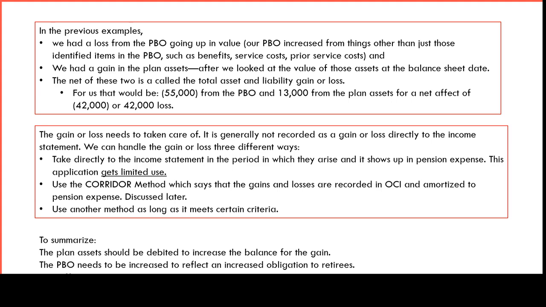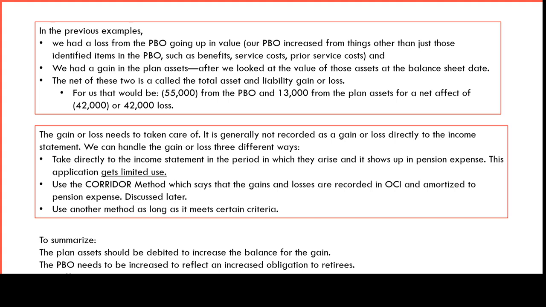Yes, it would be wonderful to have an additional boost to your income statement because the stock market is doing well and your plan asset value just went up a lot. But the problem with it is it makes your income statement out of control, and companies do not like to have an out of control income statement.